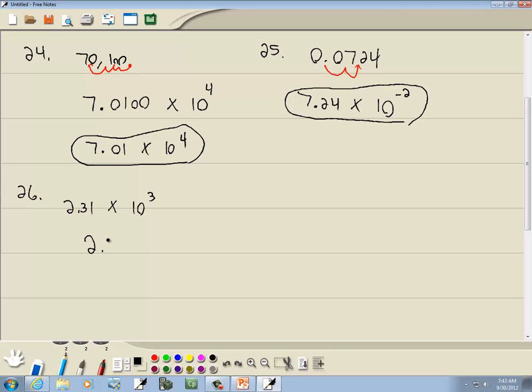Well, if I put my 2.31 down here, 10 to the third we said is a big number. If I move my decimal 3 places to the left, that'll be a very small number. So I want to move the decimal 3 places to the right. So there's 1, 2, 3. And that's where we want to move it to. Now when we moved it, there was no digit here, so we had to put a 0 in there. So our answer is going to be 2,310.